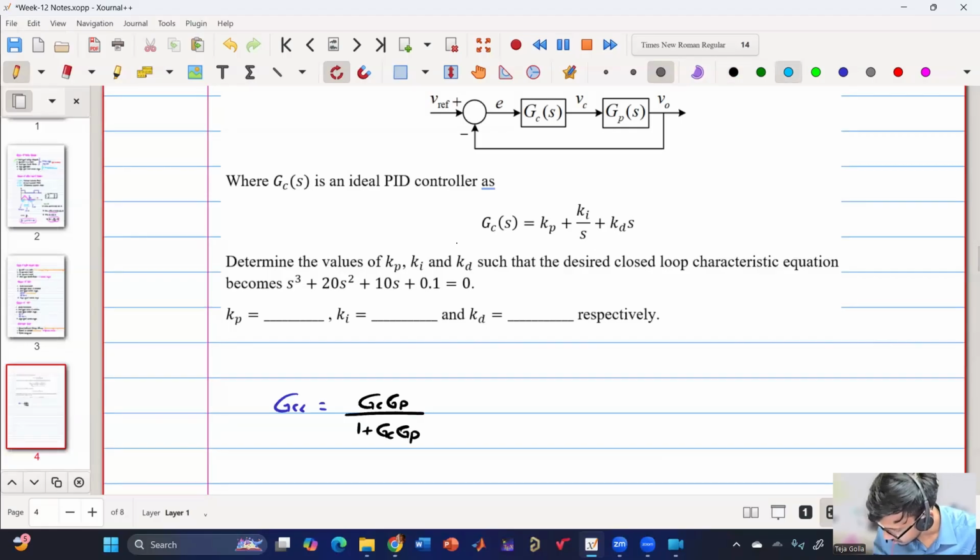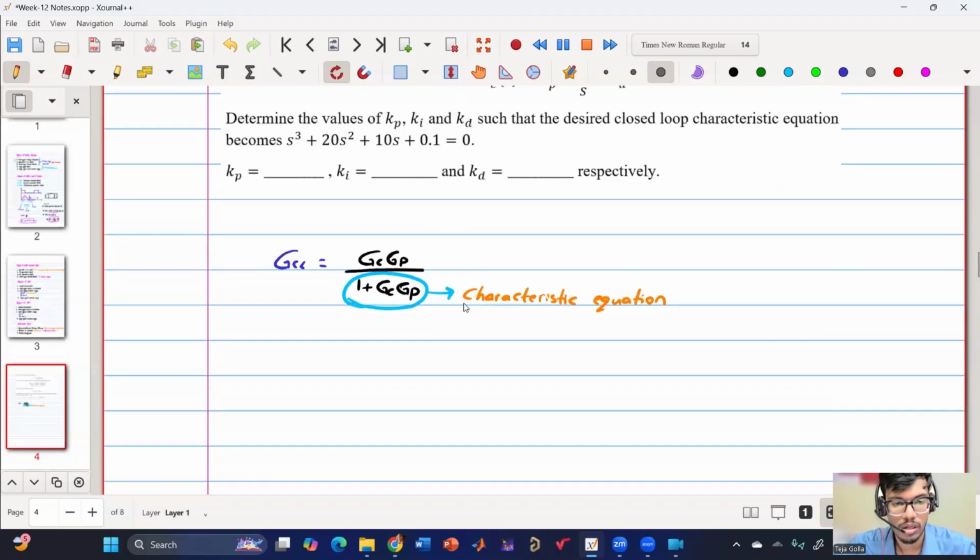So now whatever is there below, this is corresponding to the characteristic equation.